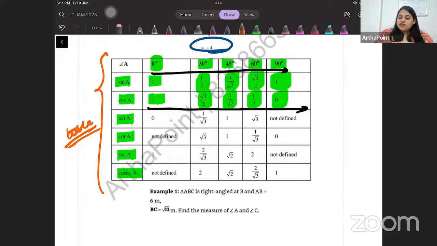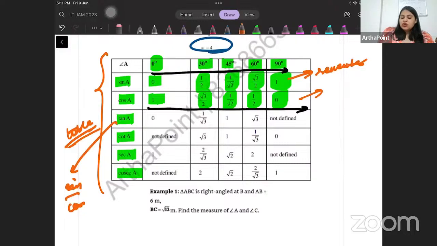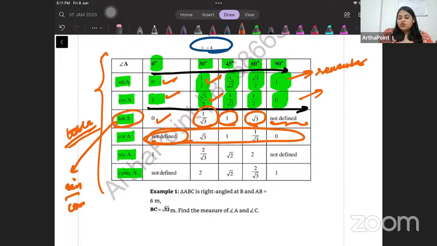Beta, you only need to remember this: just remember sin theta, and everything else will follow by itself. So cos theta will go in the opposite direction as sin theta. Tan theta will be sin by cos. So 0 by 1 is 0. 1 by 2 divided by root 3 by 2 is 1 by root 3. And at 90 it is not defined. Cot theta will be the reciprocal of tan theta, so it will be its reciprocal. Sec theta will be the reciprocal of cos theta, so its reciprocal.